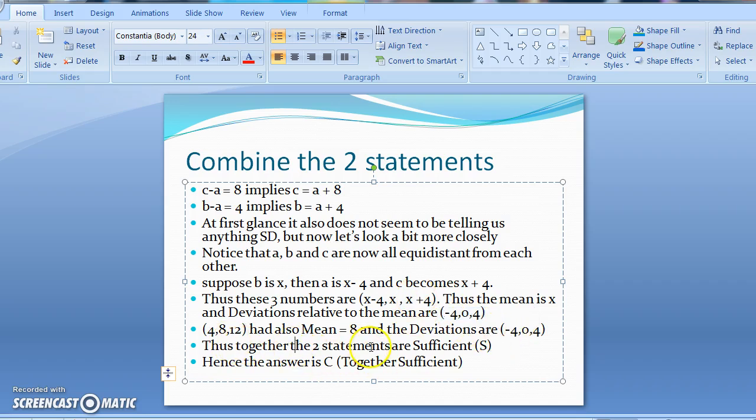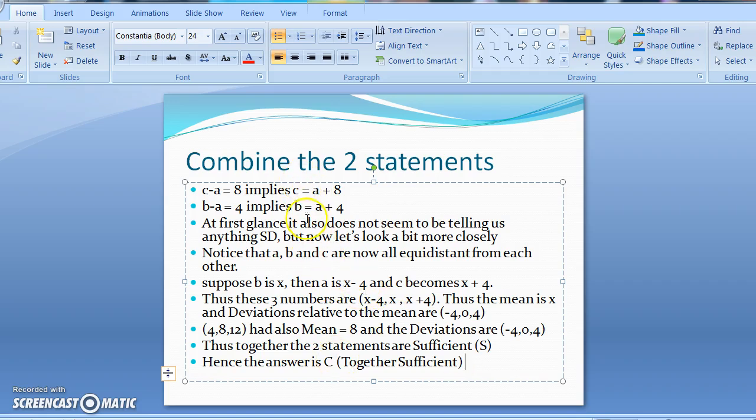Therefore, together the two statements are sufficient, as we've been able to answer with a definite yes that the standard deviation of the two are the same, and the answer is C, together sufficient. Hope that's very clear.